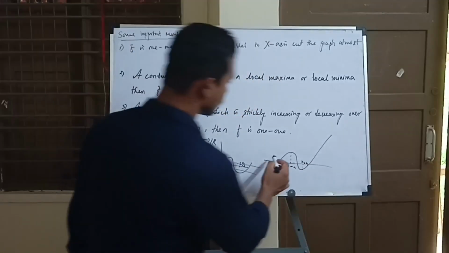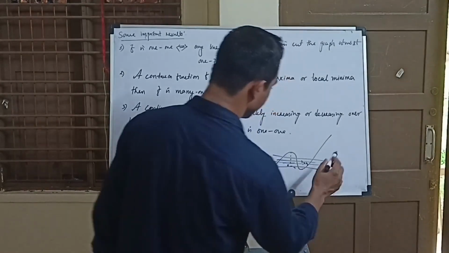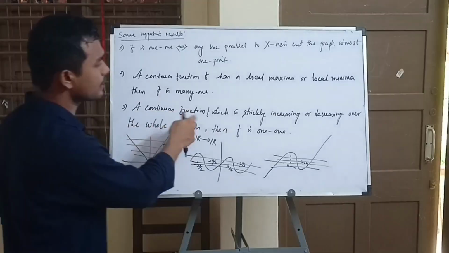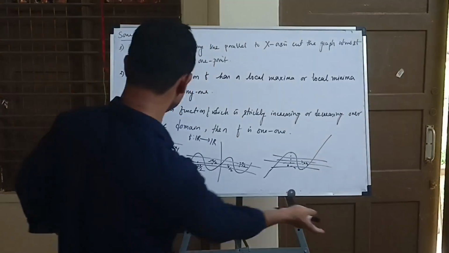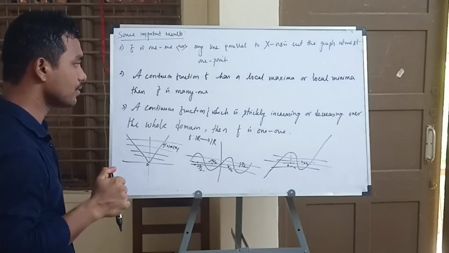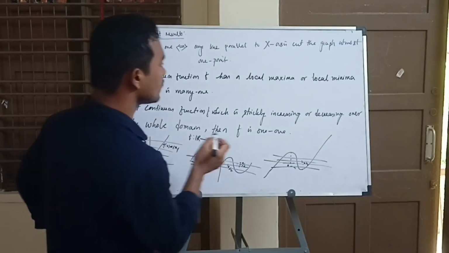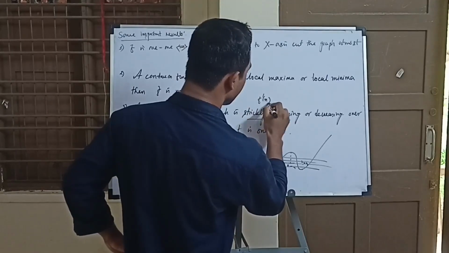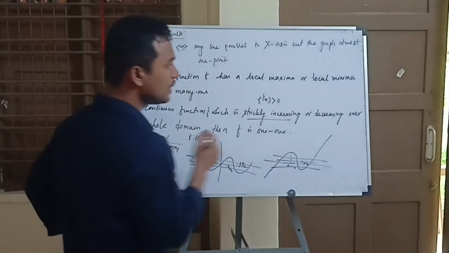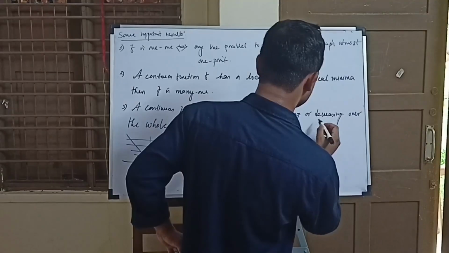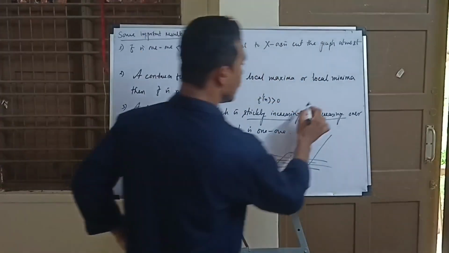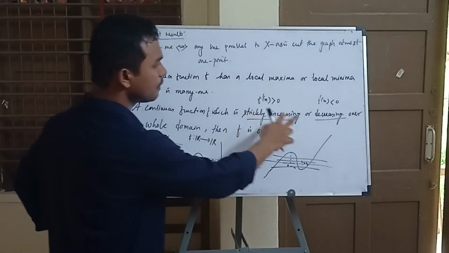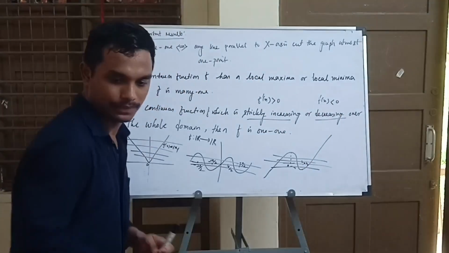Then this function is many-one, not one-one. Now a continuous function f which is strictly increasing or decreasing over the whole domain is one-one. The meaning of strictly increasing is f dash of x greater than 0. The meaning of strictly decreasing is f dash of x less than 0. Here the slope is positive, here the slope is negative.